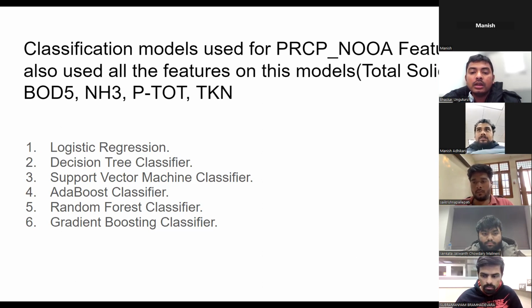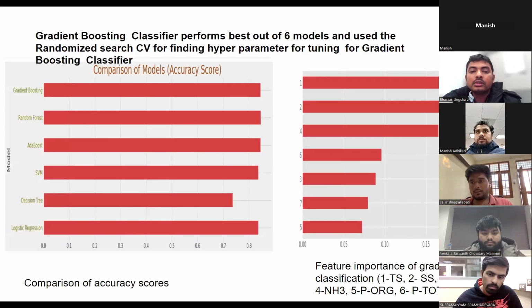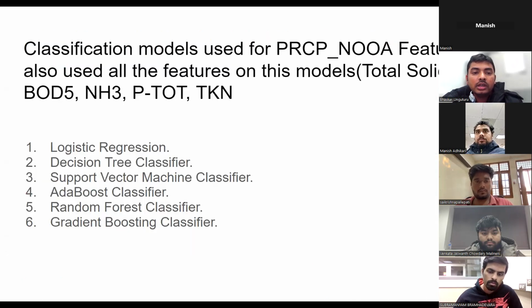Basically, we used the classification versions of the same regression models that were used for the other features. If you see the next slide.